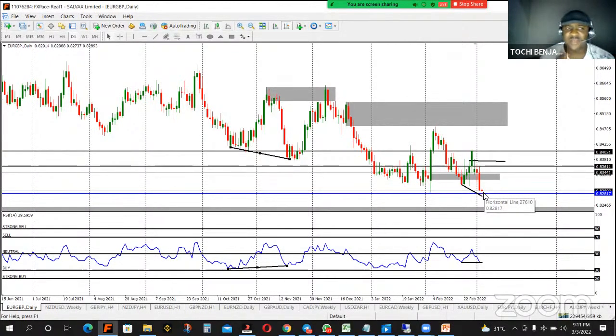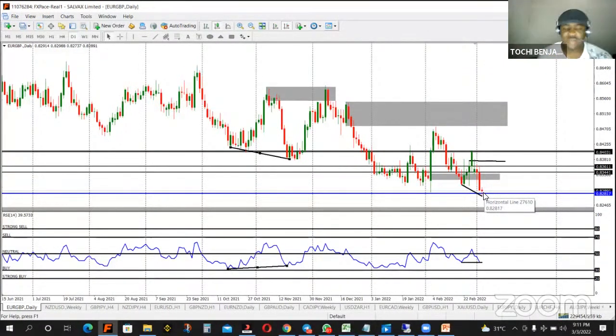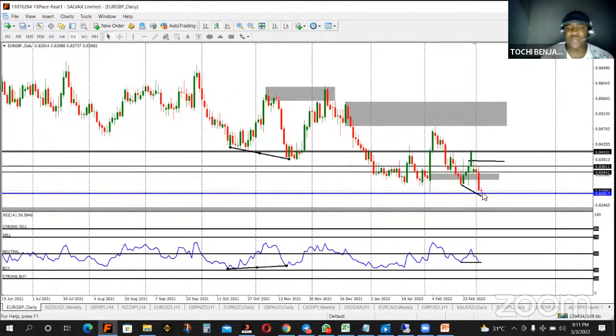My anticipation for this market, Euro GBP, has always been a buy. But I can tell you that the only thing causing this whole issue is the tension between Russia and Ukraine. The European zone is affecting the Euro currency so much, and that is why you see most of the Euro currency pairs going down.